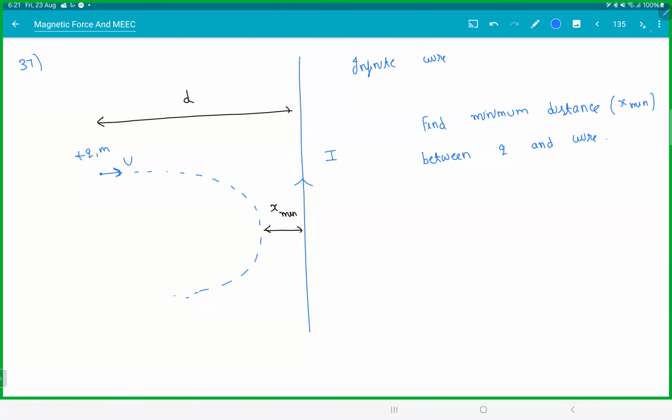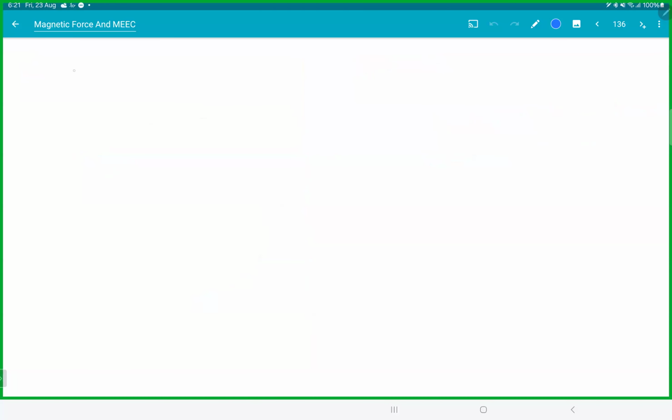How do we approach this? Let the current be I, and the charge at a distance x. The magnetic field will be out of the plane. So B bar is equal to mu naught I by 2 pi x k cap. Then let the velocity V bar be Vx i cap and Vy j cap.